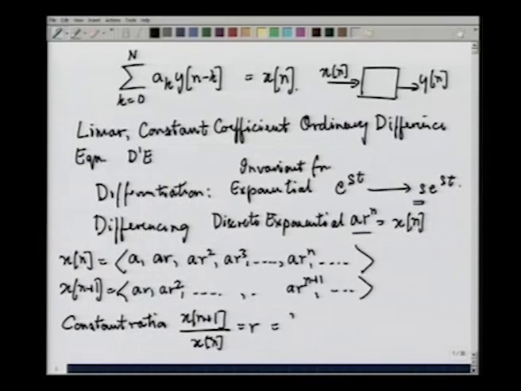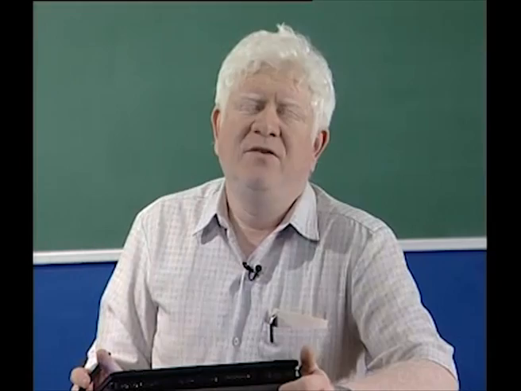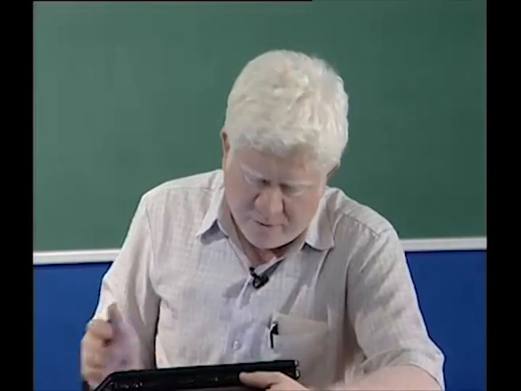Equals, for example, a r by a. This is one point. Another point is the difference. What is the difference between successive members of the sequence? Let us take a look.